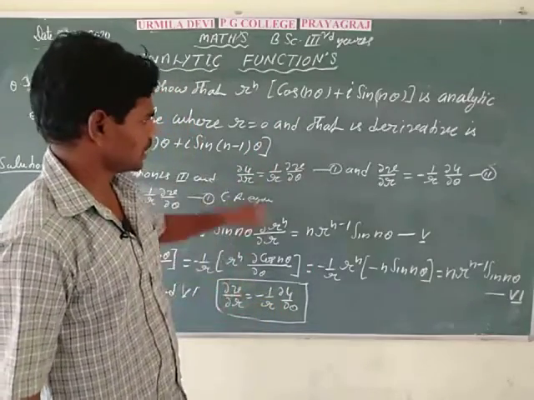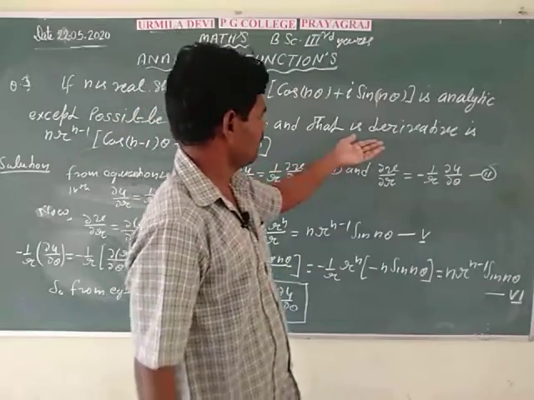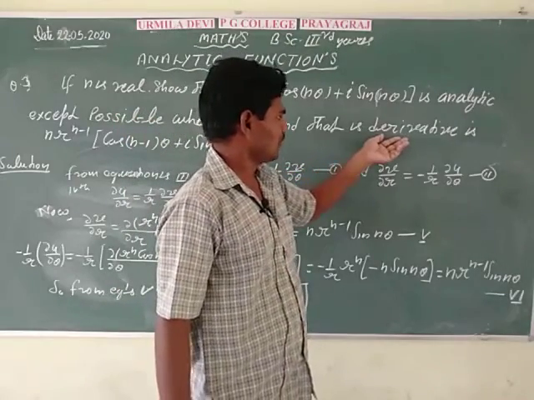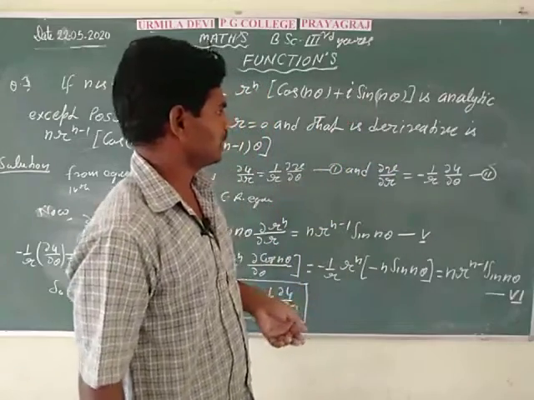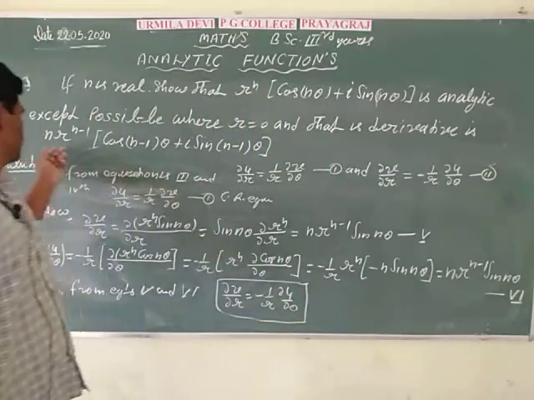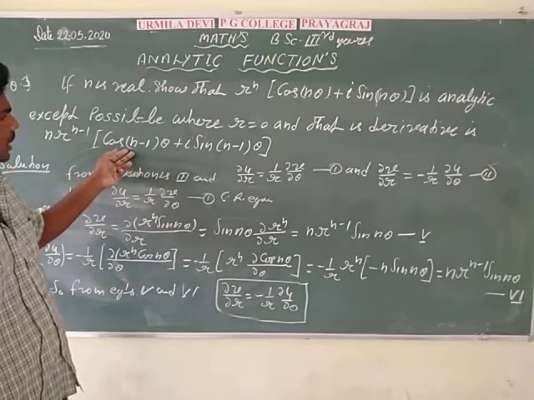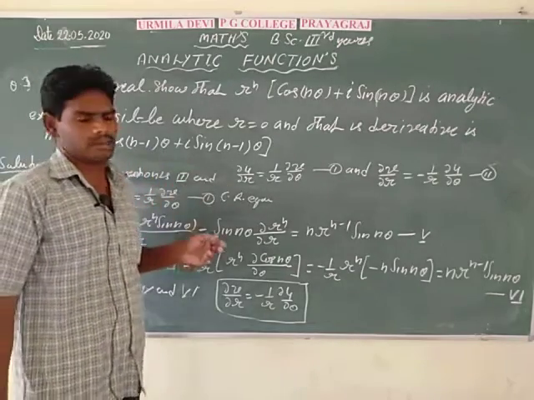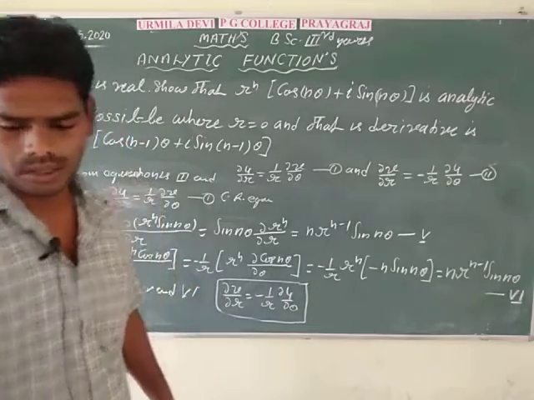Now consider the second question. The second part of the question is to find the derivative of the function f(z), which is equal to n r to the power n minus 1 (cos (n minus 1) theta plus i sin (n minus 1) theta).